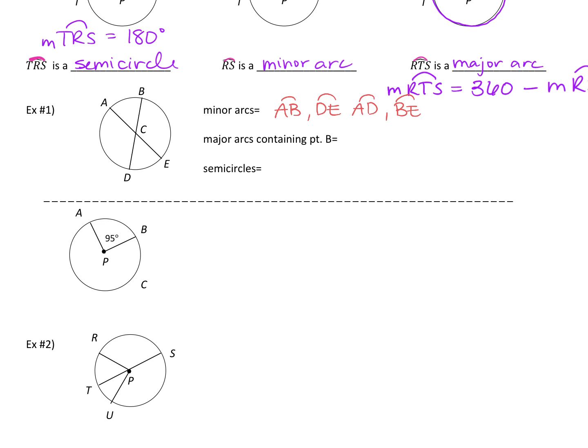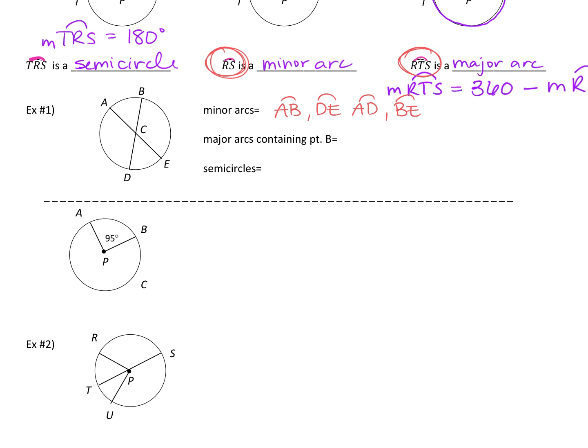Major arcs that have B in them. There's a few options. Now here's the deal. When you name a major arc, notice the difference here. 3 letters, 2 letters. When you name a major arc, you must use 3 letters because we have to know that you're going through the major side, right? The minor, we only use 2 because we always assume the shorter distance.